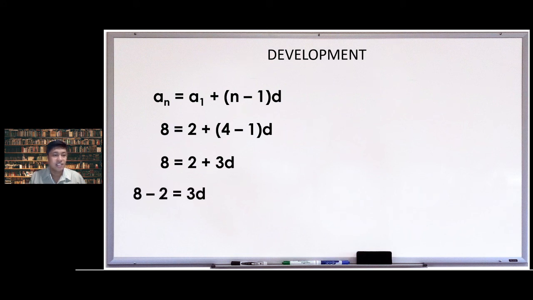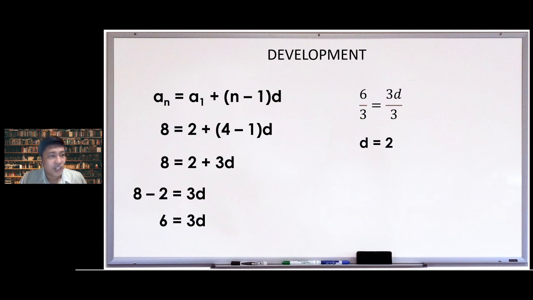So 8 minus 2 is equal to 3d, since 2 minus 2 here will give you 0. Simplifying further, 6 equals 3d. To find the common difference, we can multiply both sides of the equation by 1/3 or simply divide both sides of the equation by 3. So therefore, we have now d is equal to 2.